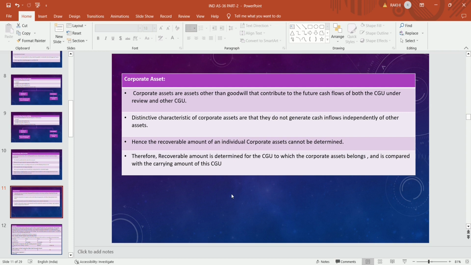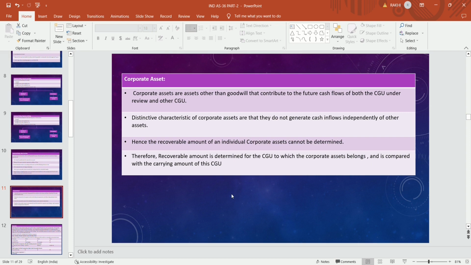Distinctive characteristics of corporate assets are that they do not generate cash flows independently. But if they work as part of a cash generating unit and are allocated to the different cash generating units, then they generate cash flows.